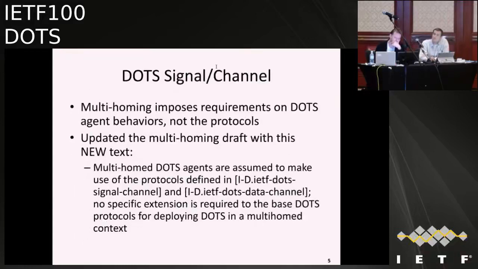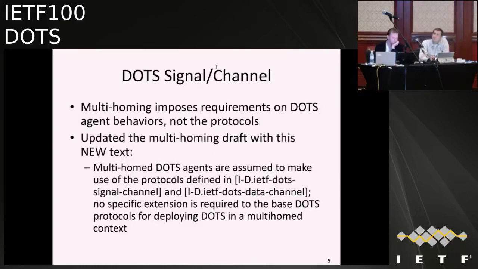For the DOTS signal and the DOTS data channel specification protocols, this is clear. There are no requirements on the protocols themselves. There are no modifications that we are required to make to the protocols themselves. So we are just using the DOTS signal and data channels as they are.